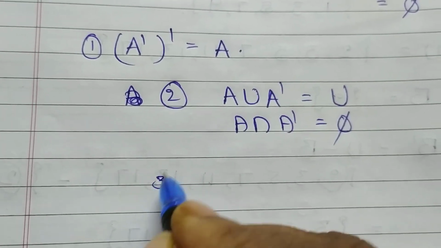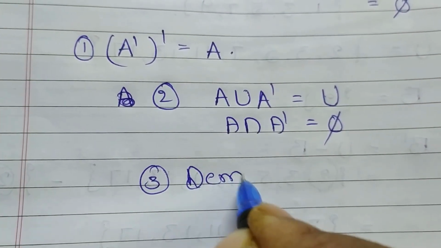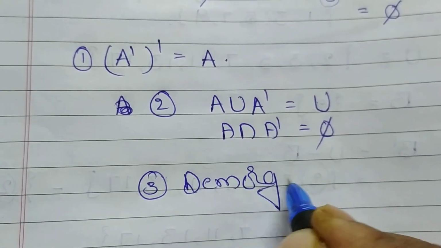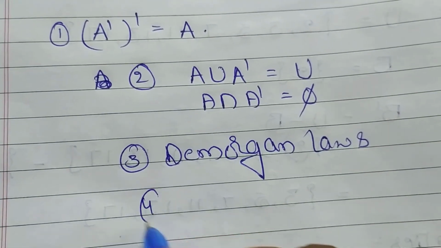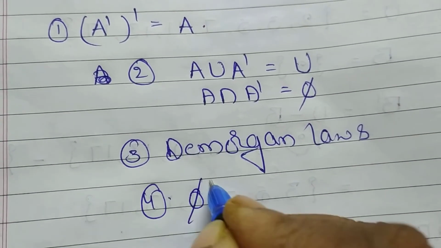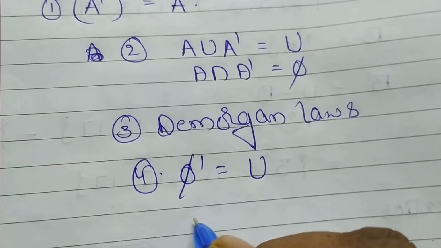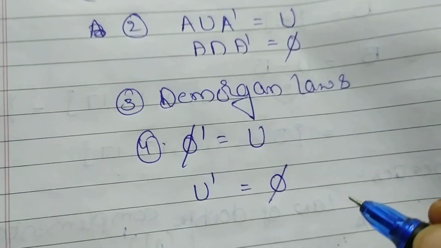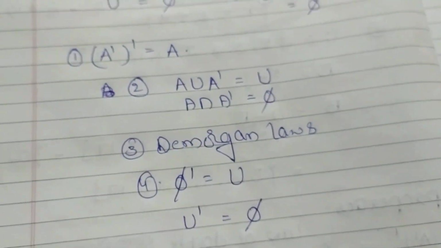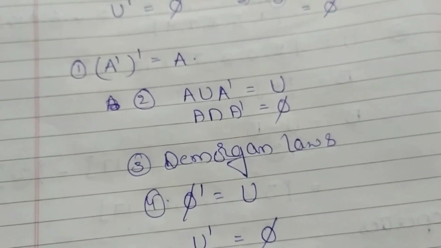And the third one is the De Morgan laws. And the fourth one is the complement of the empty set will be universal, and the complement of the universal set will be the empty set. So we will do the problem based on this in the next class.